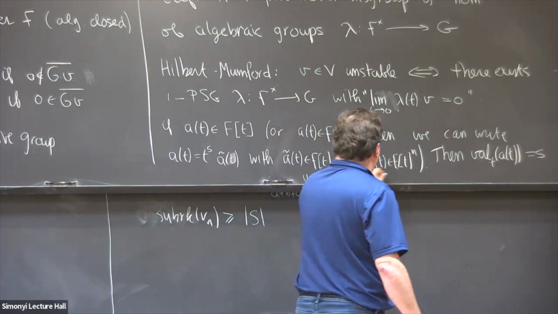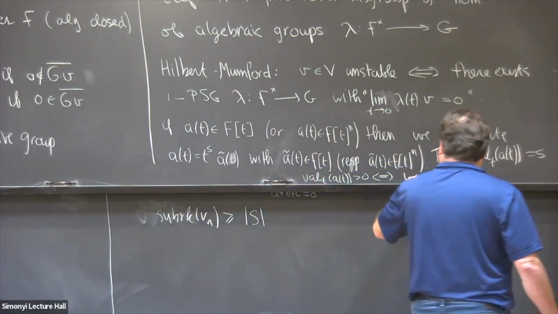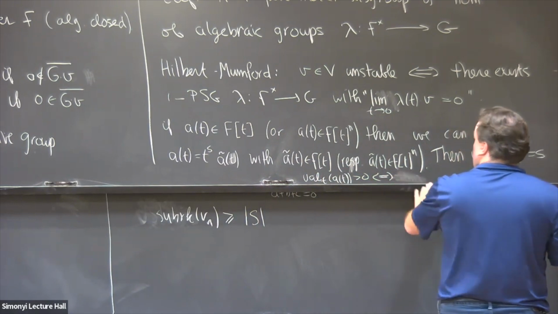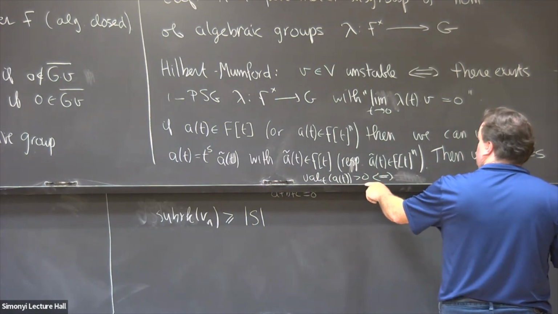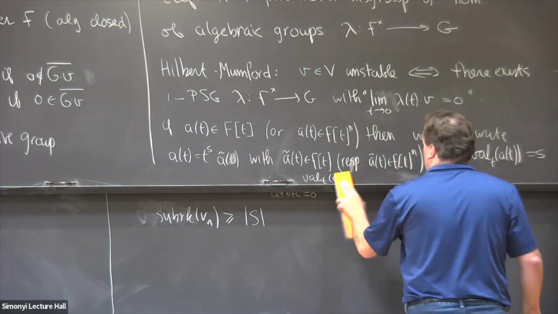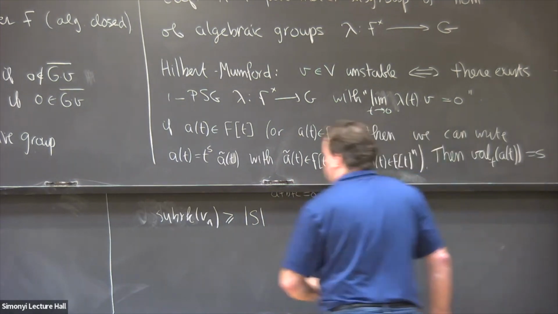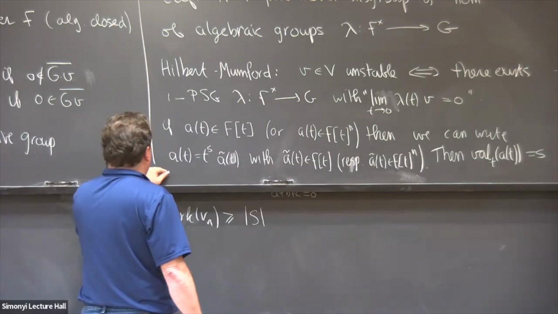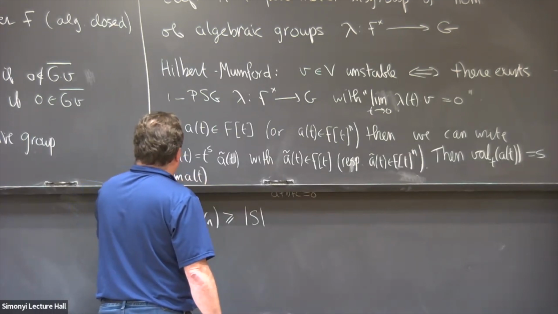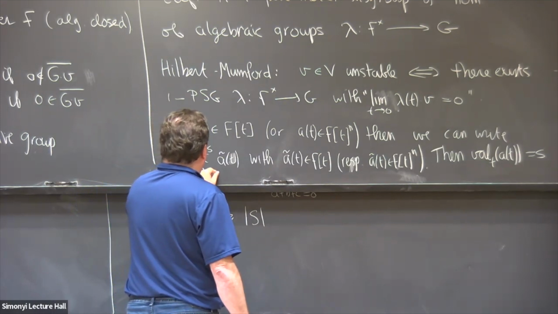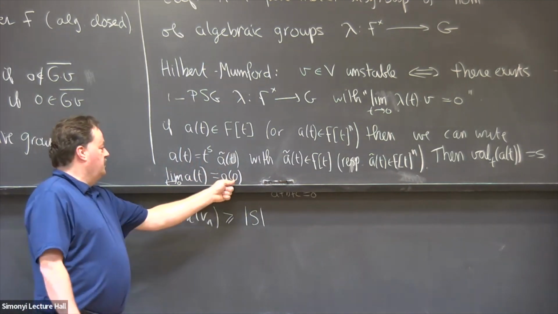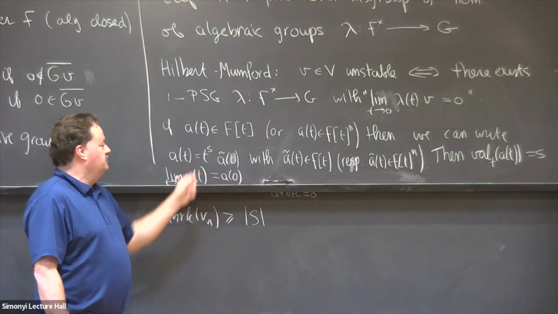And so then you see that the t valuation is positive if and only if the limit, let me just say, I think I already said this, this limit is by definition a0. And of course this a0 is 0 if and only if the valuation is positive.